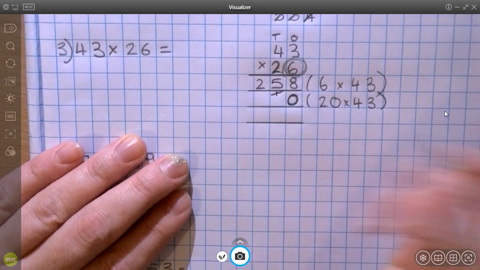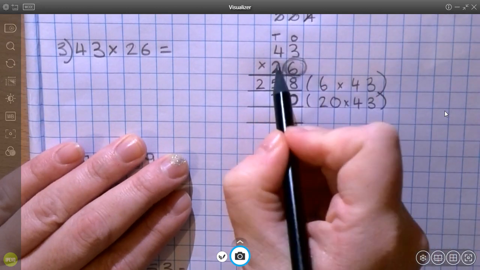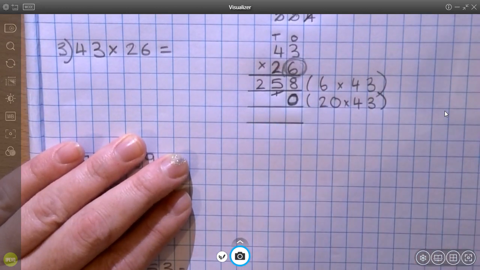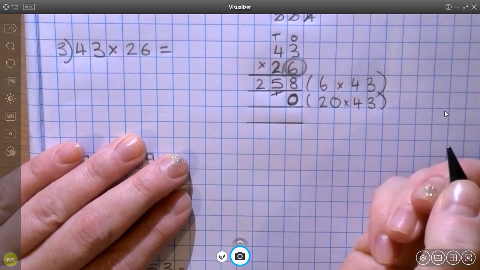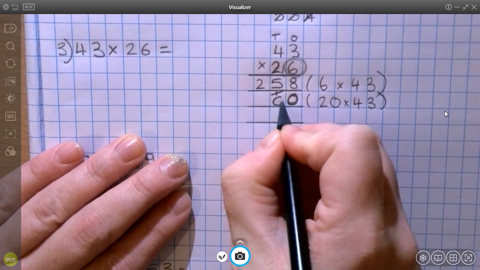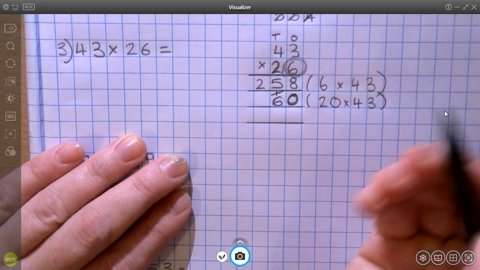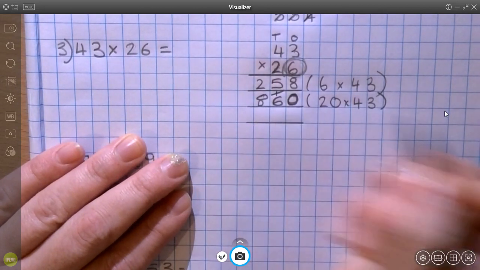So now I can treat it as 2 because I've put the placeholder in. Okay, so 2 times 3 is 6, and 2 times 4 is 8. That's a nice simple one.